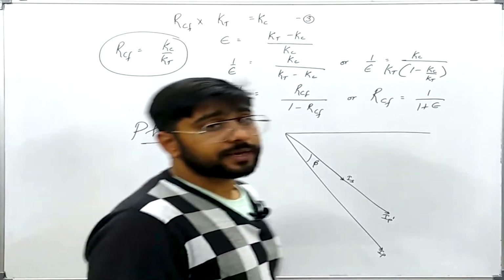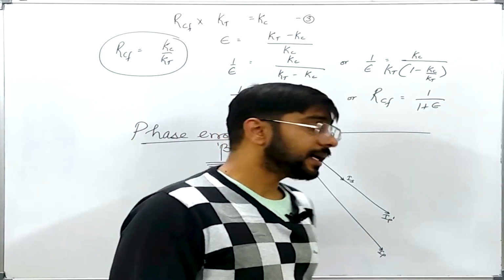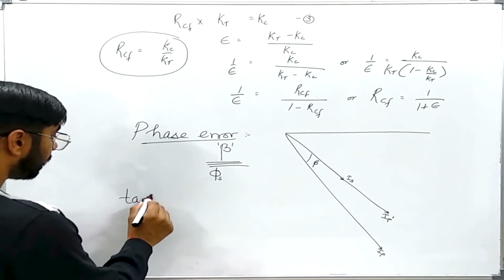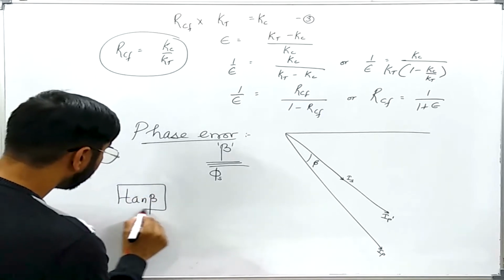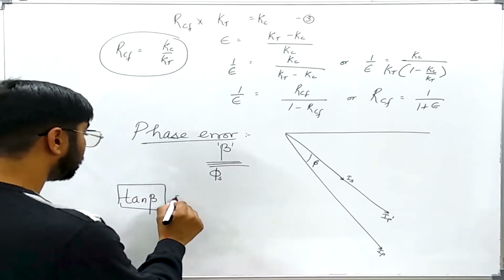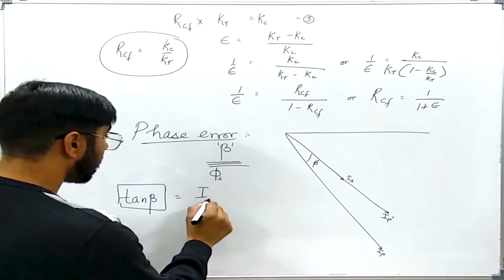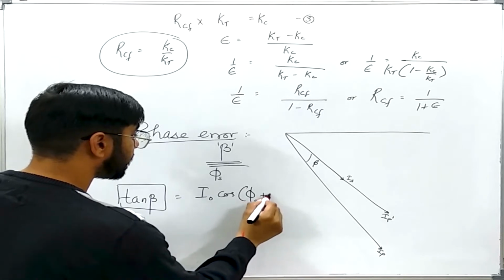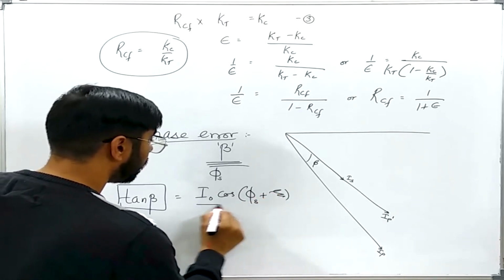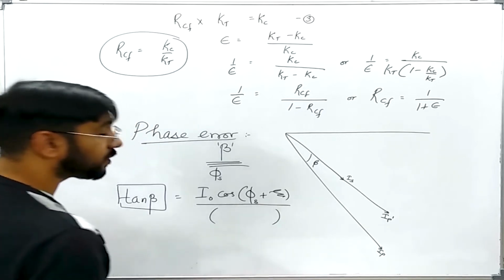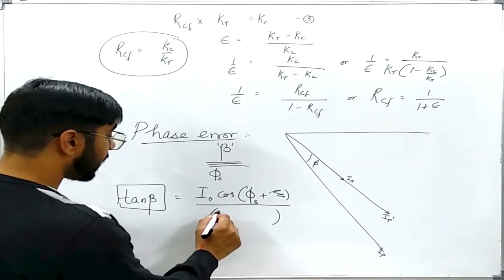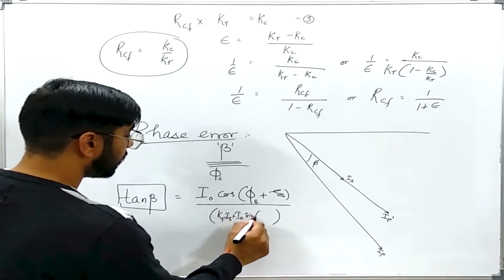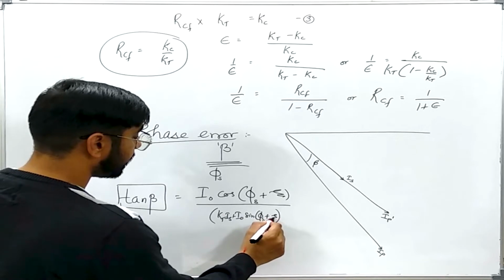Now we have seen in lecture number 127 that tangent beta had a relation of I naught cos (phi s plus zeta) over something which was a positive quantity, actually K Is plus I naught sine (phi s plus zeta).